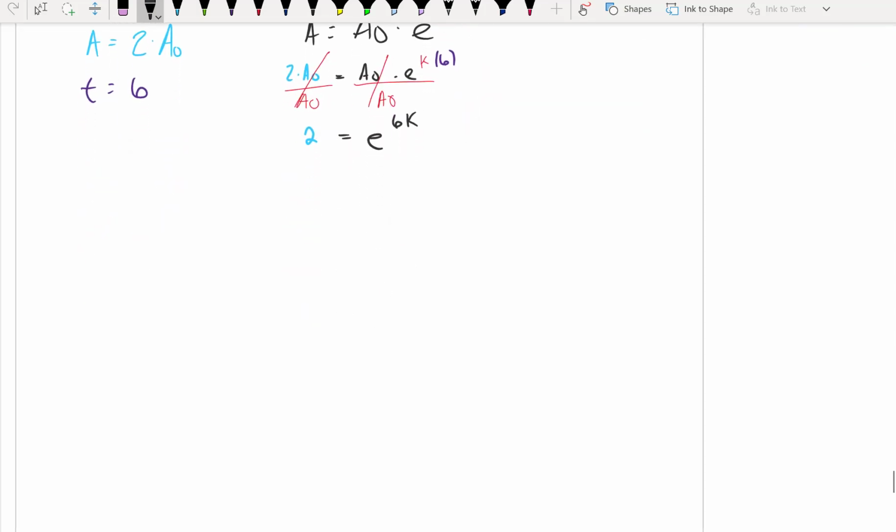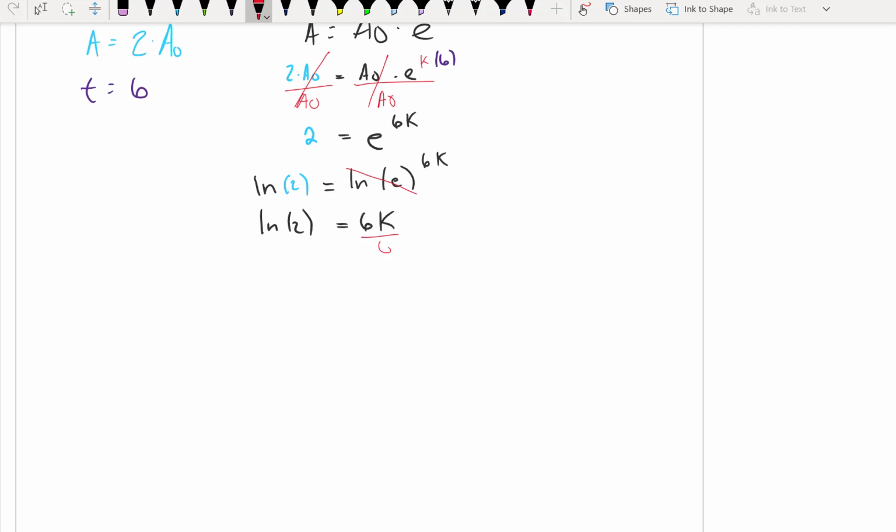So now from here, I'm just going to ln both sides. So now the ln and e cancel. I have my ln of 2 is equal to 6 times my k.